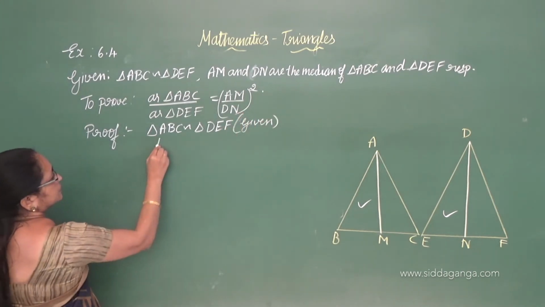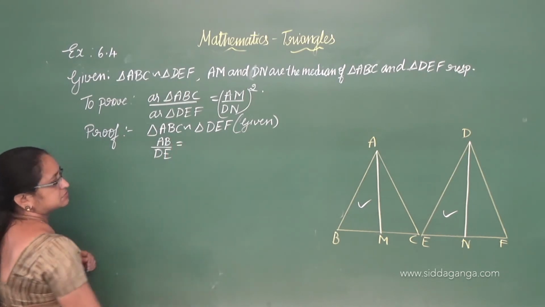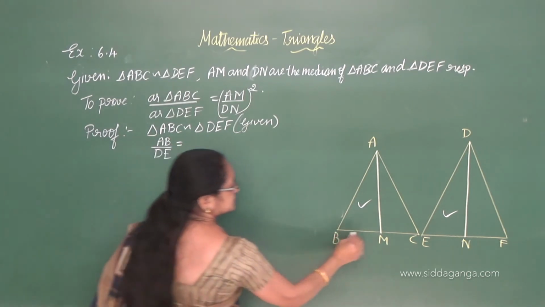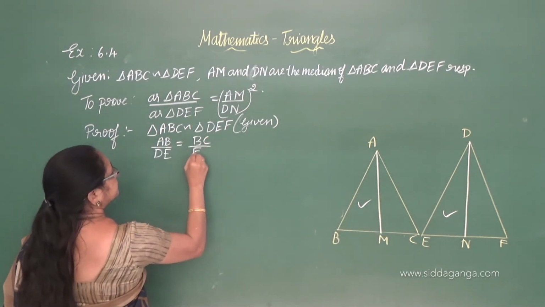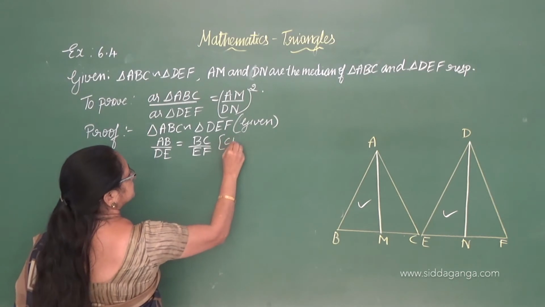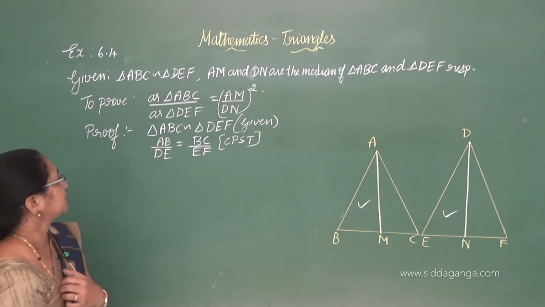Now, AB by DE is equal to, please observe carefully, I will take only BC by EF. That is BC by EF. CPST, because corresponding parts of similar triangles. Okay.